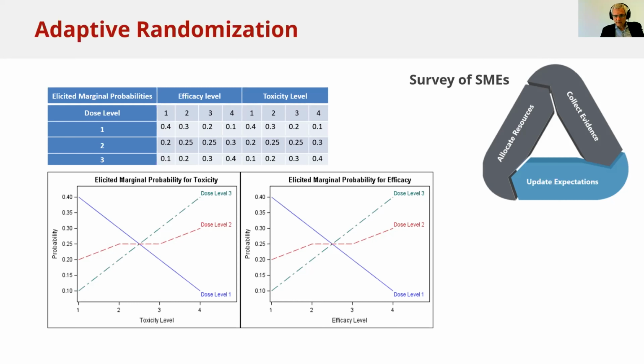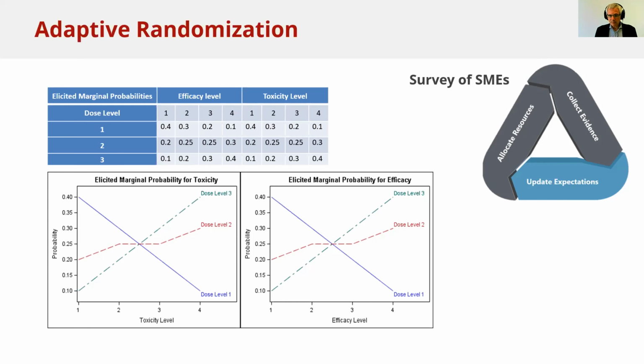And this adaptive randomization measures for the early recruited patients, what is the toxicity, what is the efficacy, and the next patients that are recruited are more likely to receive a dose that is both efficacious and lower toxicity.